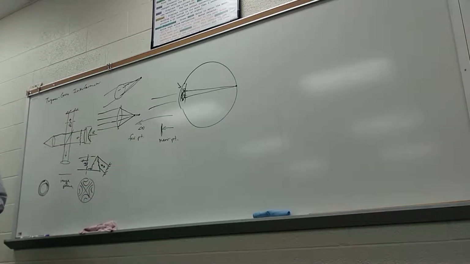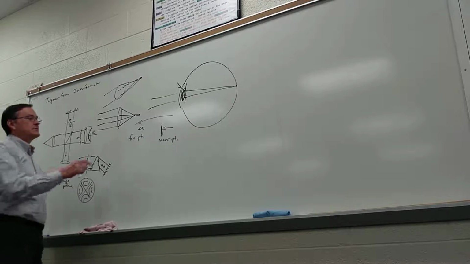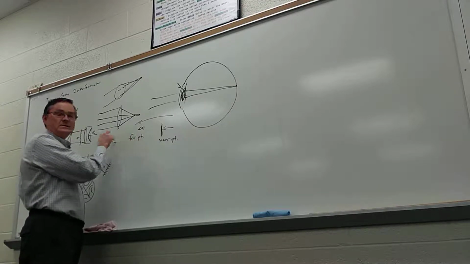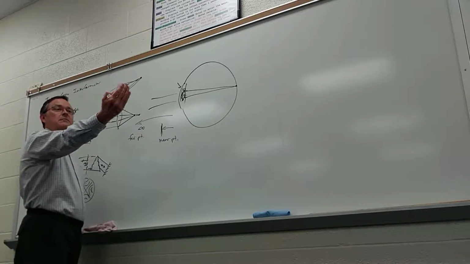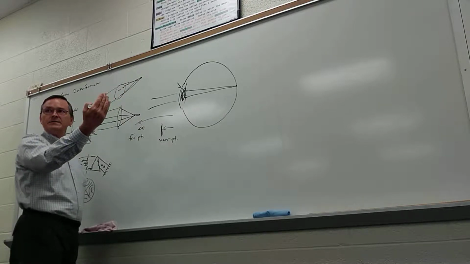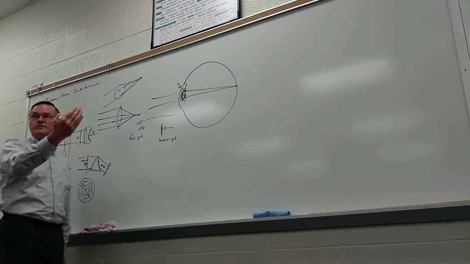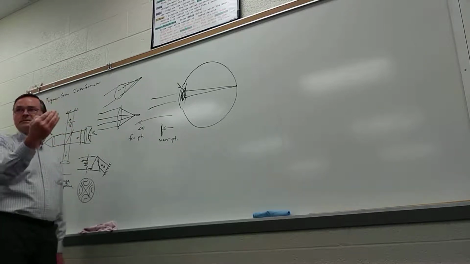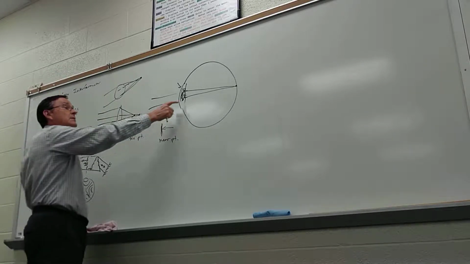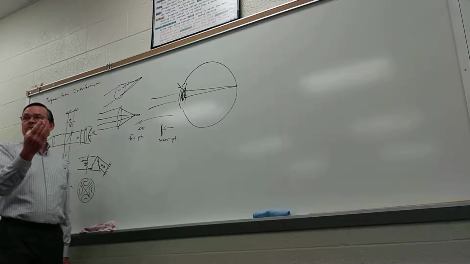And so, if you are, say, short-sighted, you can't see far. What that means is your far point is not at infinity, it's somewhere a finite distance away. And so that's your starting point. You cannot focus anything beyond that distance, because that's your far point. The lens is as relaxed as it's going to get.